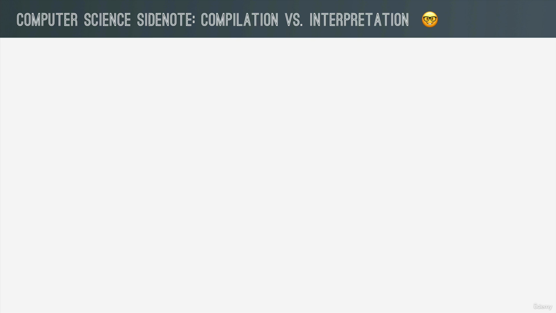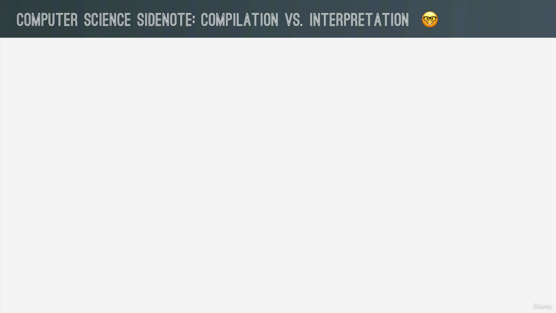But first, we need to make a quick computer science side note here and talk about the difference between compilation and interpretation. So in the last lecture, we learned that the computer's processor only understands zeros and ones, and that therefore every single computer program ultimately needs to be converted into this machine code. And this can happen using compilation or interpretation.